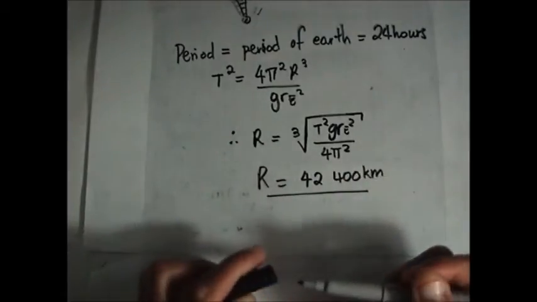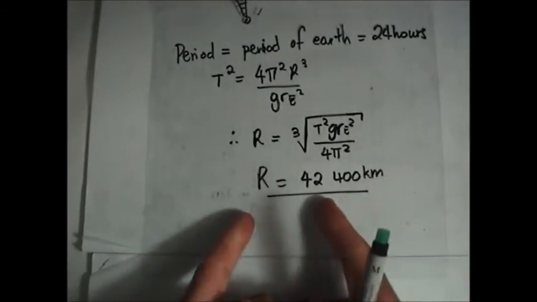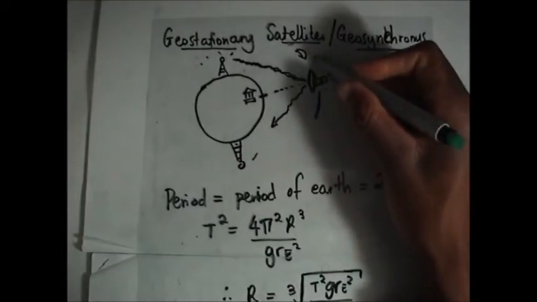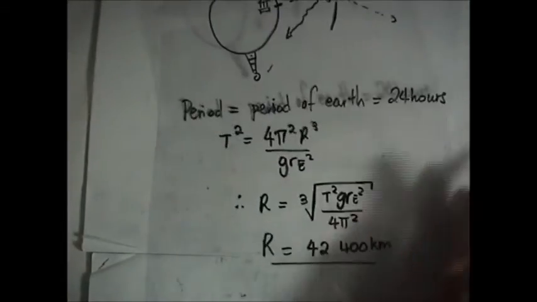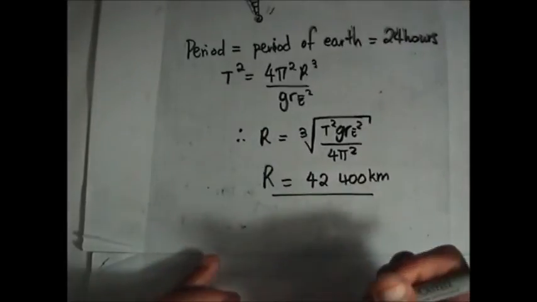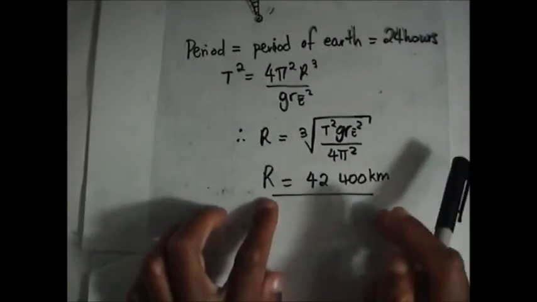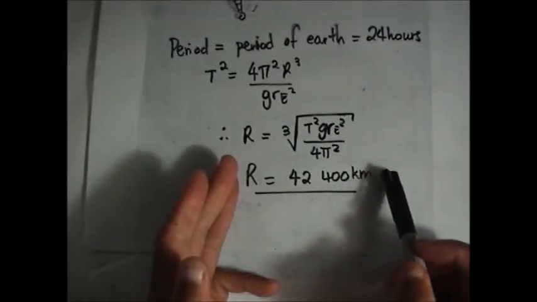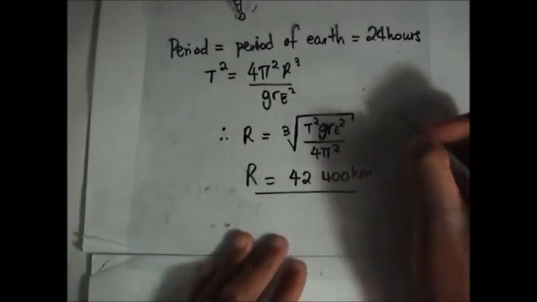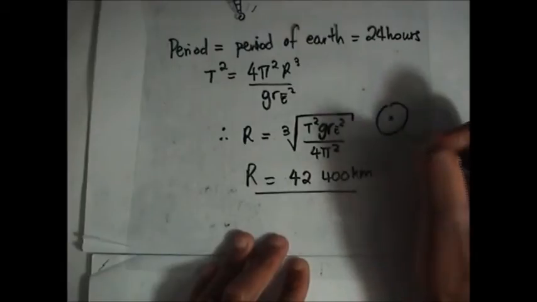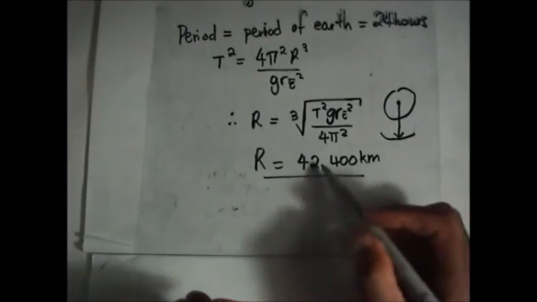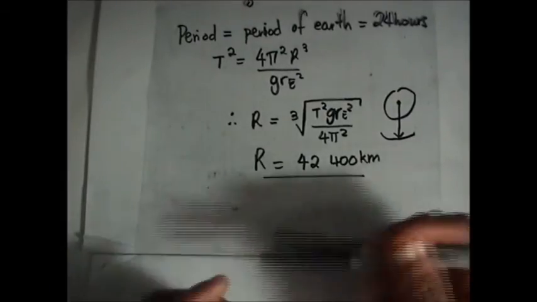So what does this mean? This basically means that is the radius of the orbit of the geostationary satellite. So all geostationary satellites approximately orbit in a radius that is in this range. That is their range of orbit, which means from the center of Earth, their orbit will be 42,400 kilometers.